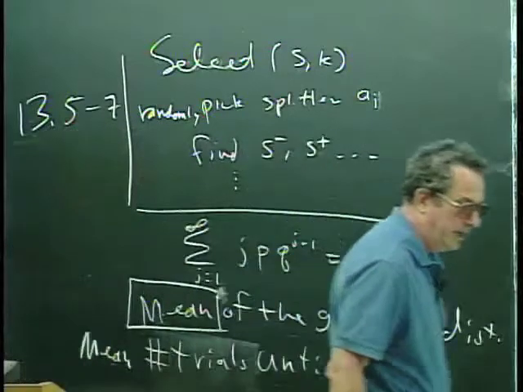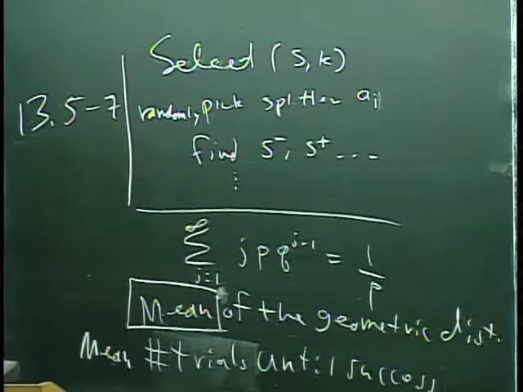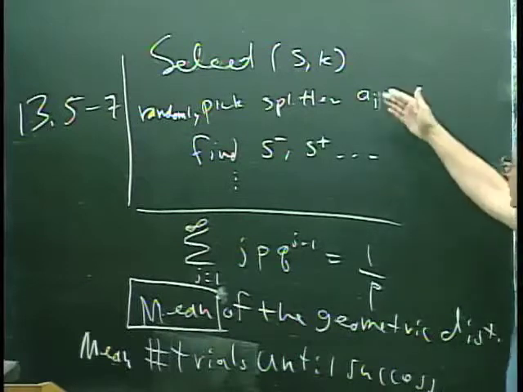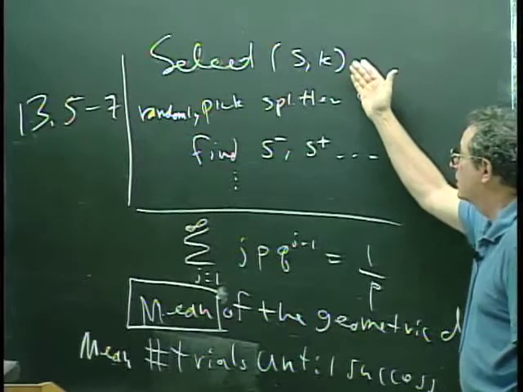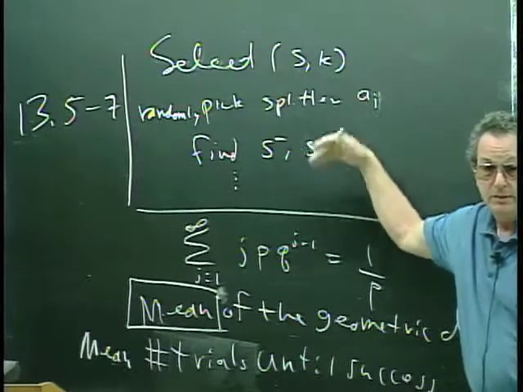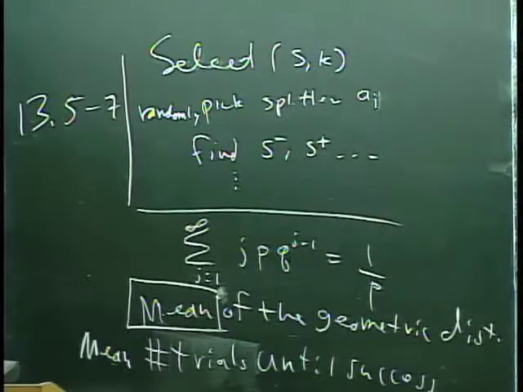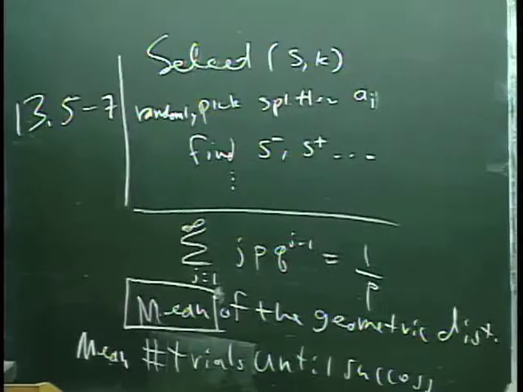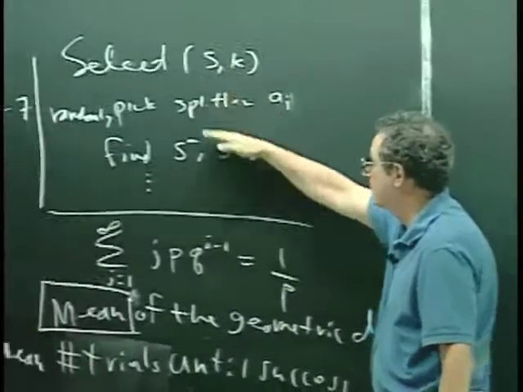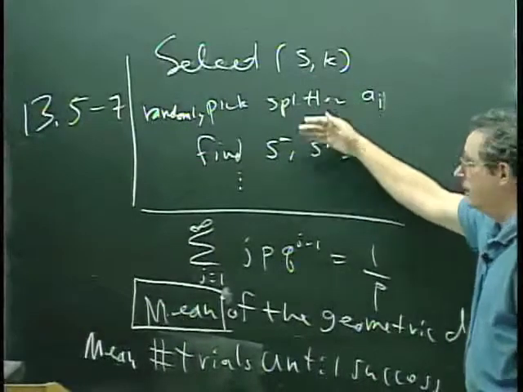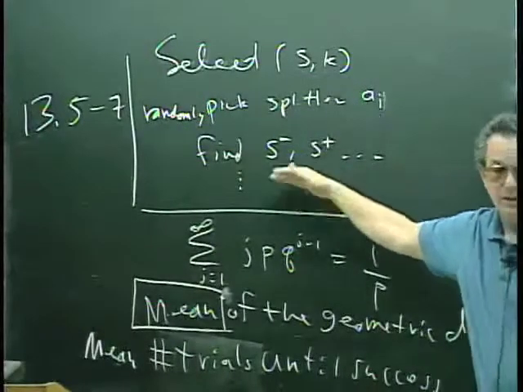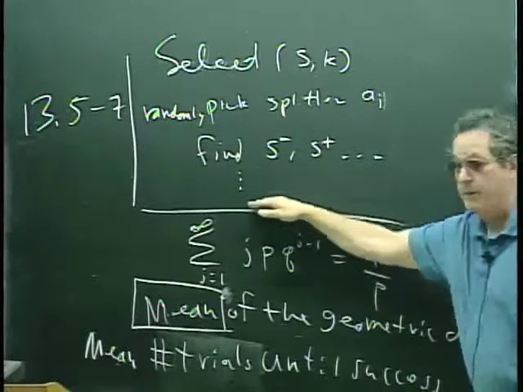And now we want to get back to the actual analysis of what is the expected number of comparisons that are done in this algorithm. Just to remind you what's happening to S as the algorithm proceeds: S is getting smaller and smaller. You're calling this right down here where we have the recursive call.